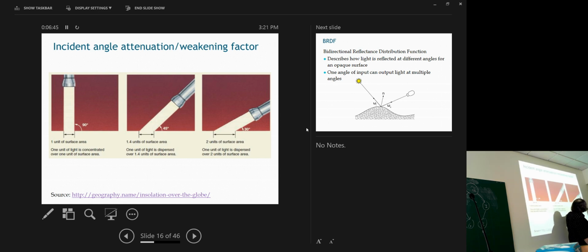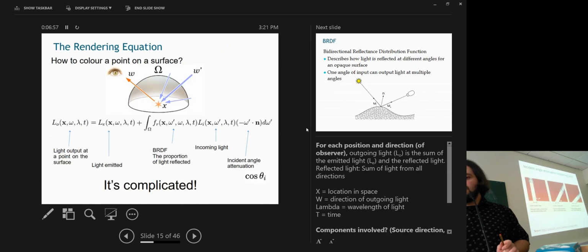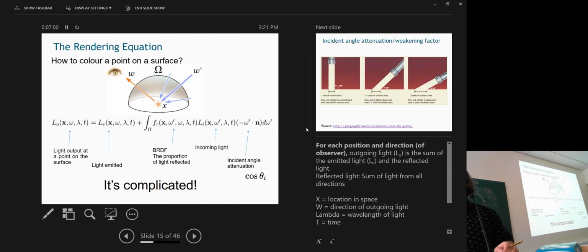So we have a small amount of energy for this point if light is coming from that direction or from this direction. That's why we need to include this weakening factor.